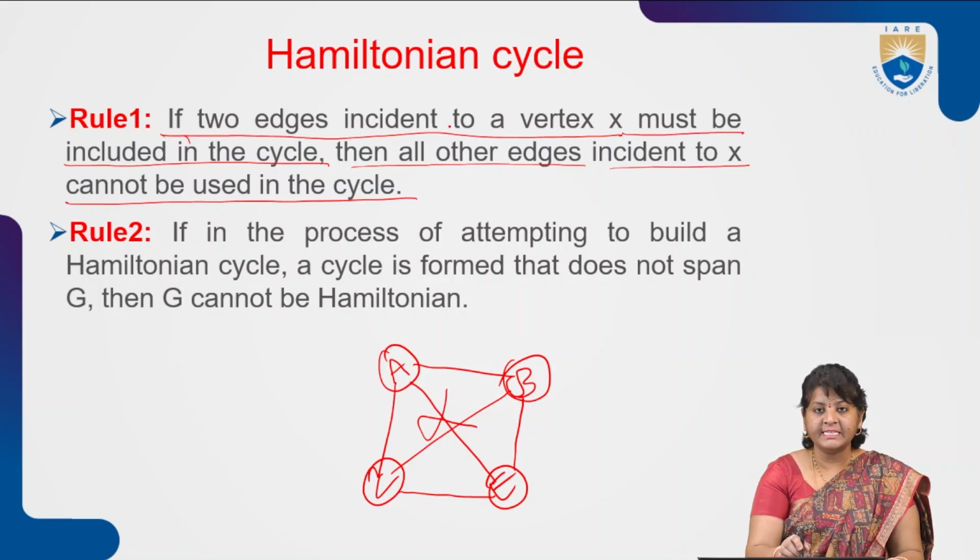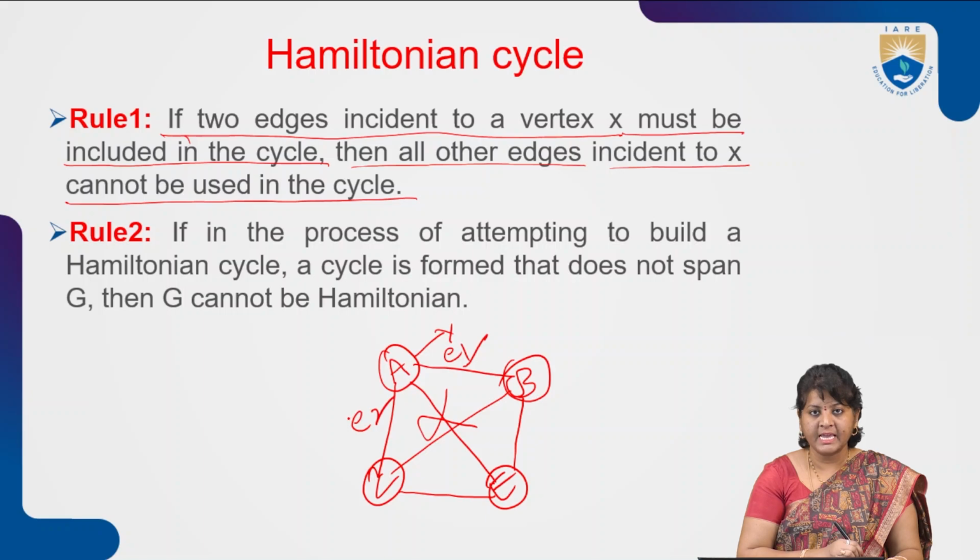If two edges are incident to a vertex X, here A is the vertex. The two edges incident to the vertex are this E1 and E2. These two are incident to the vertex A. The other edges incident to X cannot be used in the cycle.